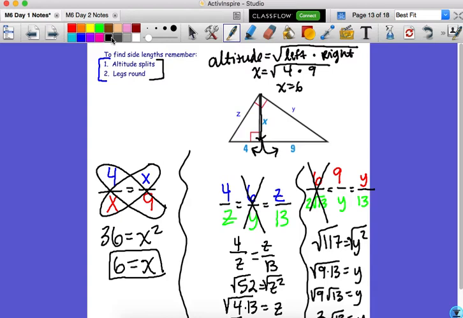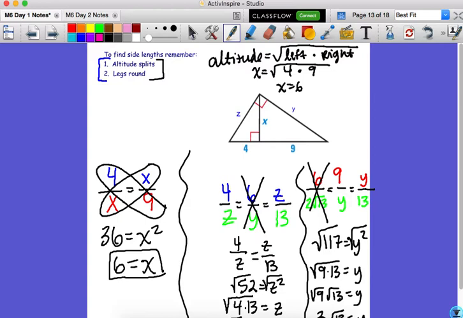Again, altitude splits says that the altitude will always equal the square root of the number on the left times the number on the right. Kind of creates that curly Q mustache. Then, our other phrase, if we want to memorize it instead of doing that small, medium, large thing, is called legs round.